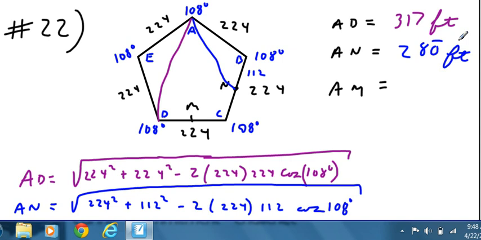All right, so now how am I going to get the last one, A to M? What you're saying is, in order to get the last one, I know this length, I know that length, and I know that this is a right triangle.